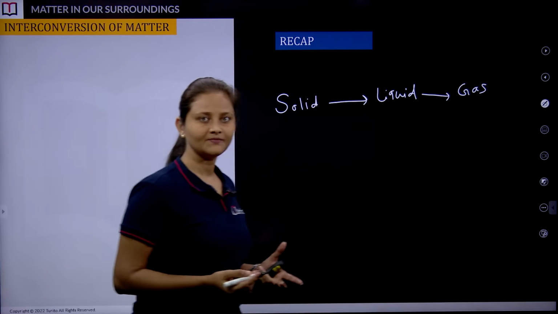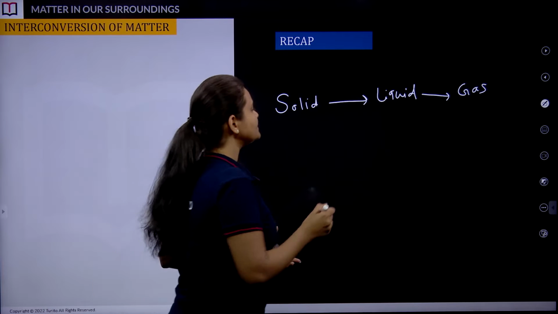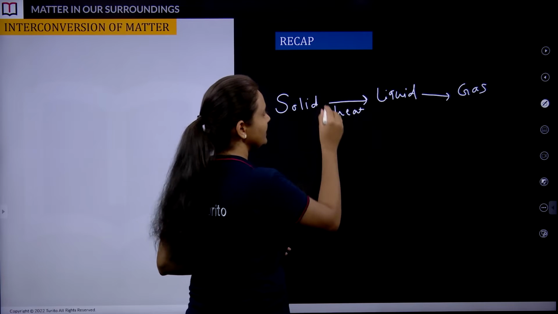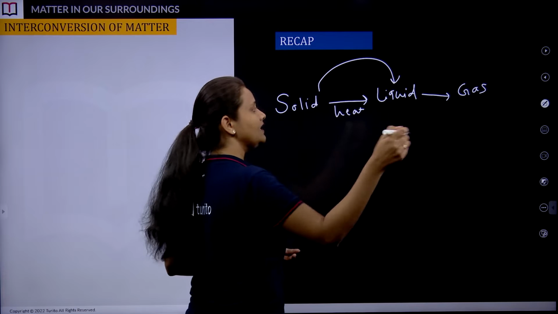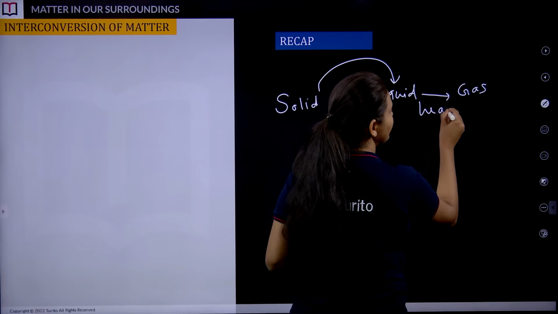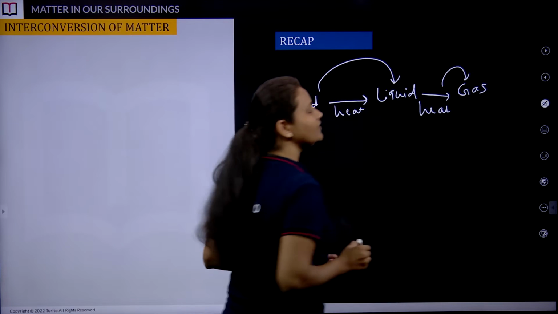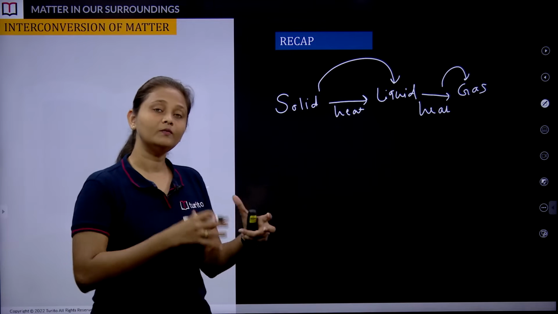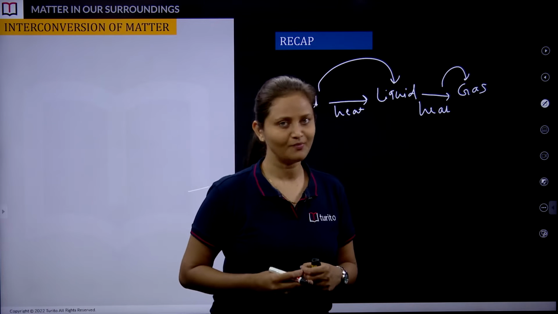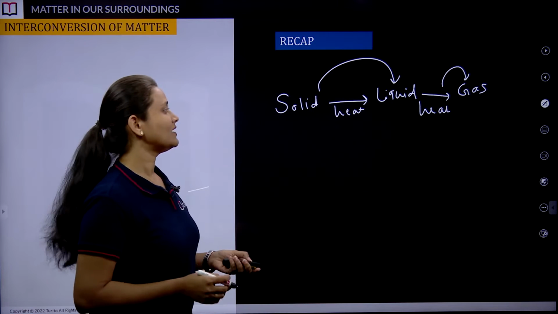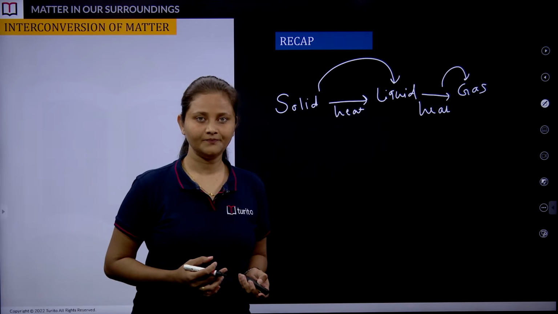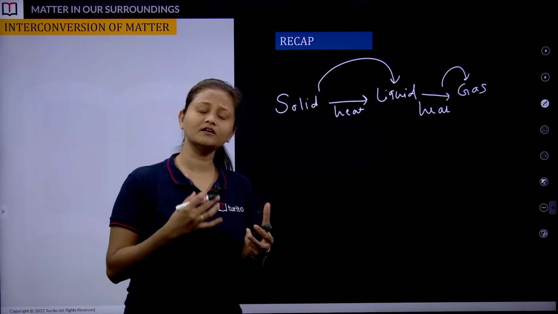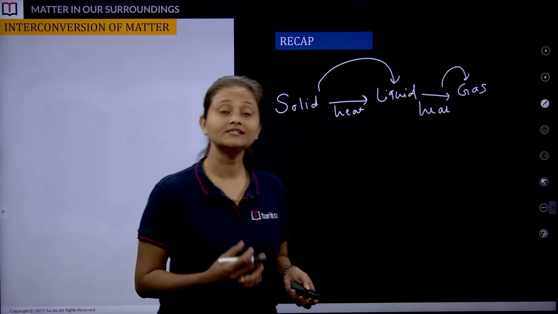Gas or vapors. So students, how do we do that? When we supply heat to solid particles, they can get converted into liquids. Liquids on further heating can shift into gaseous particles, right? So basically we are converting these different states of matter. This is also known as what? Interconversion of matter, alright.